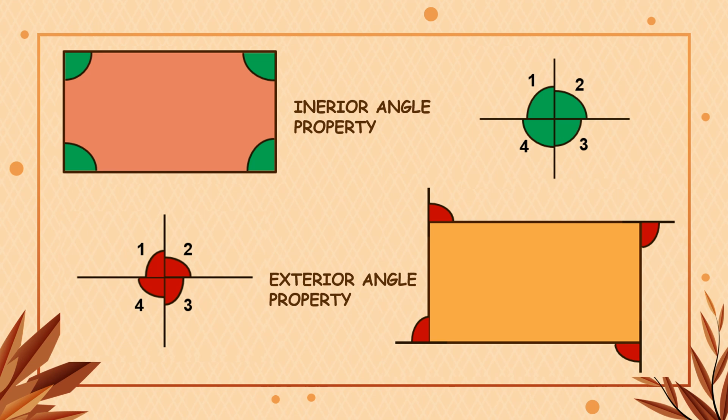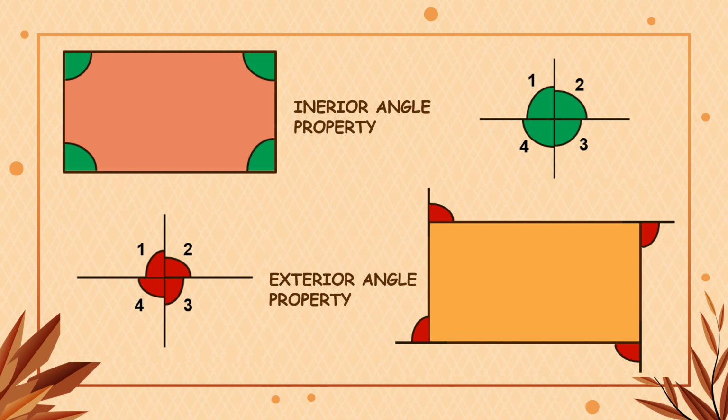So from this we can conclude that the sum of the exterior angles of a quadrilateral is equal to 360 degrees. Again, I'm saying, when you cut out those angle pieces and join them something like this, you will get a complete angle like this.